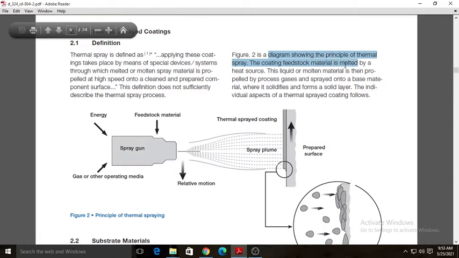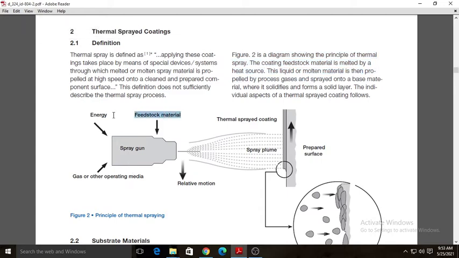The coating feedstock material is melted by the heat source. Here you can see this is the feedstock material. It is heated by the energy, which is thermal energy. The thermal energy heat is either created by gas or other operating media.